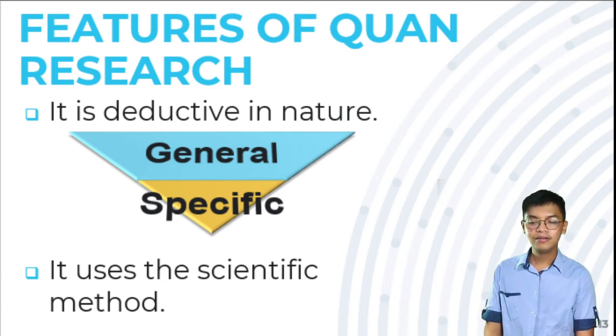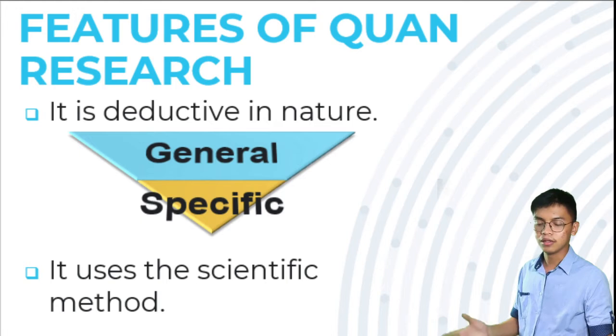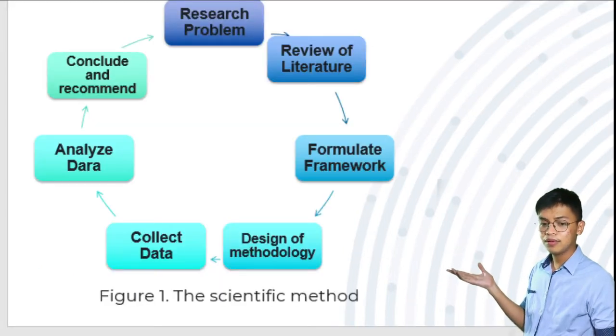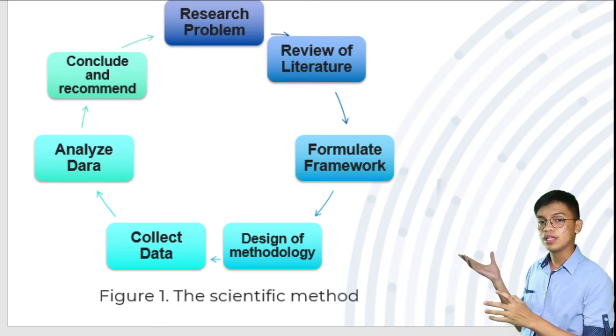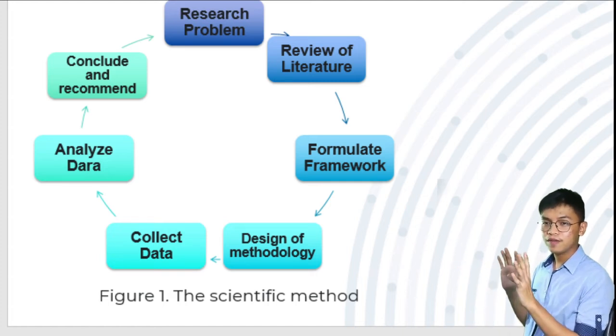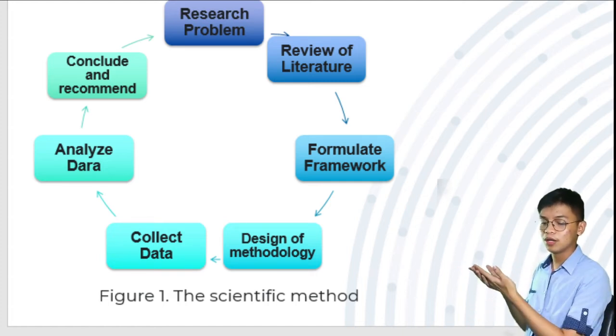And the last one, quantitative research follows the scientific method. This is an illustration of what the scientific method is. So you've already encountered the scientific method when you were in junior high school. We start first by observing our environment so that we can get our research problem.